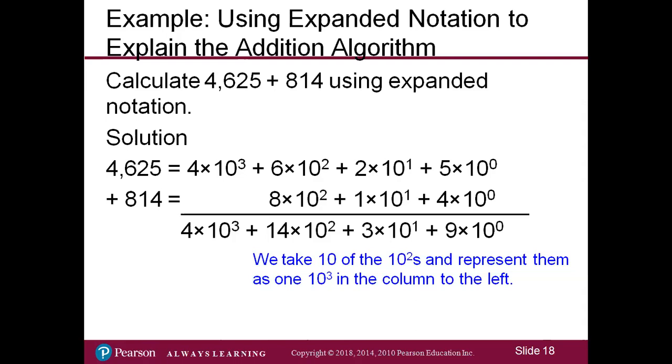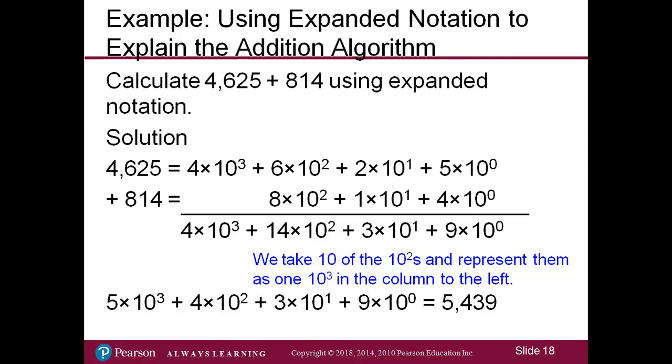So we then move that into the left column, giving us 4 plus that 1 we carried over, right? So 5 groups of 10 to the power 3 plus 4 groups of 10 squared plus 3 groups of 10 to the power 1 plus 9 groups of 10 to the power 0, which sit in their place values to read 5,439.